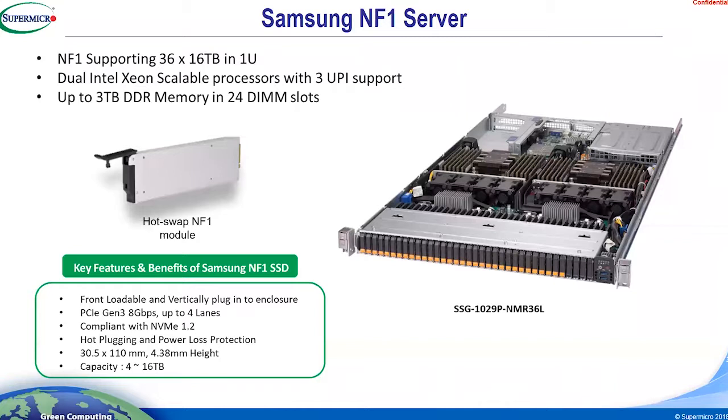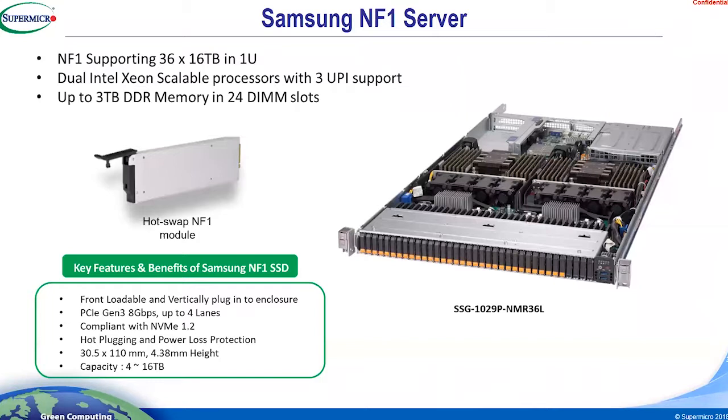So the NF1 drive, as you can kind of see there, is much smaller. It's more in the size of an M.2 at 110 millimeters. So with this NF1, you can make a much shorter chassis, and you think, well, how are you going to get the capacity? Well, actually, the NF1, they've already announced that they're going to fit 16 terabytes on that small little drive. And then you say, well, how is an NF1 different than M.2?